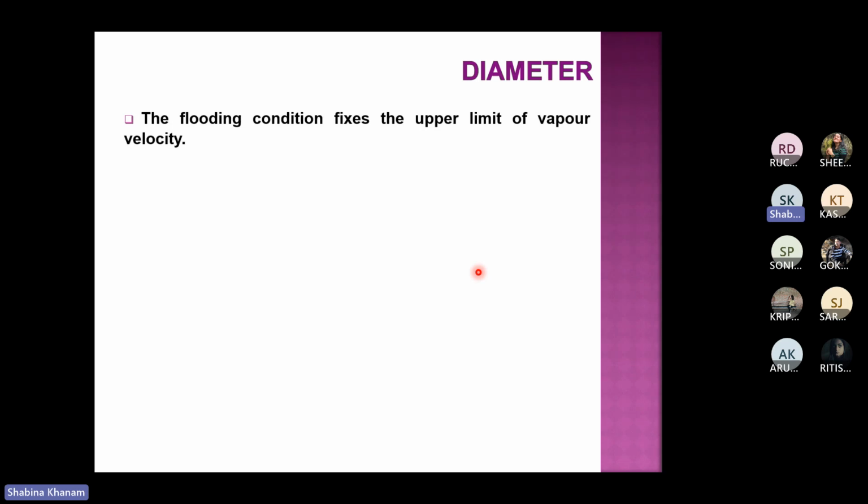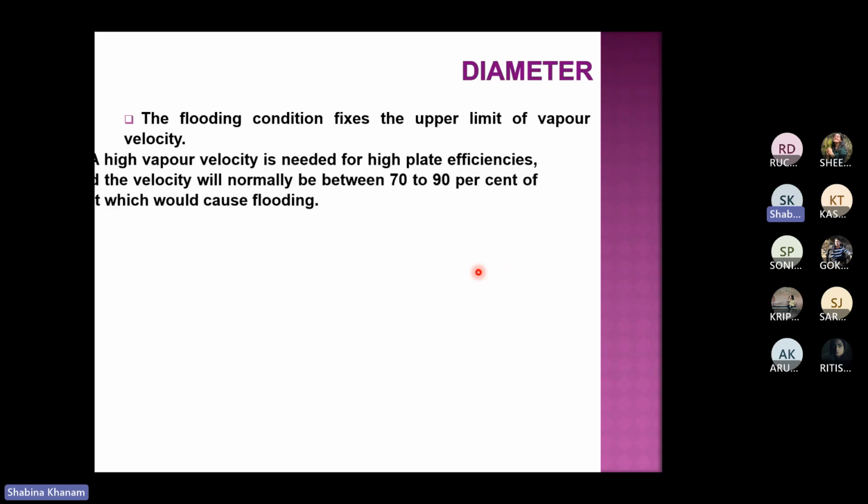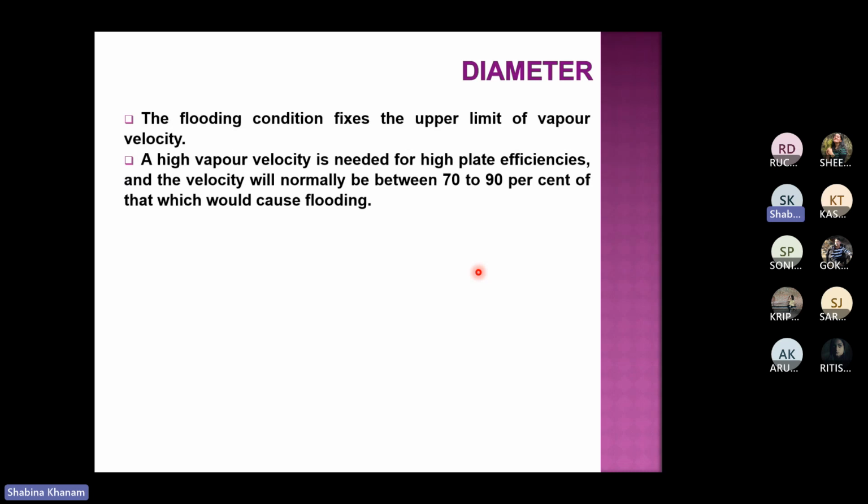Therefore flooding condition, because when the vapor flow rate is too high, flooding will occur. So what is the velocity at which flooding will occur, that we need to calculate, and based on that we need to decide how much vapor velocity should be there. So the flooding condition fixes the upper limit of vapor velocity that we have discussed.